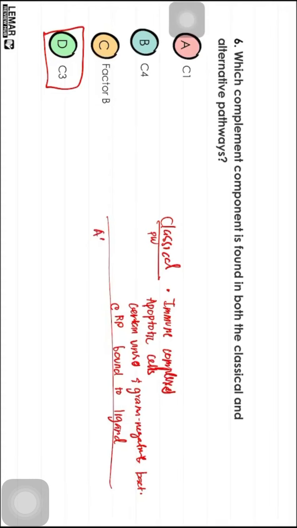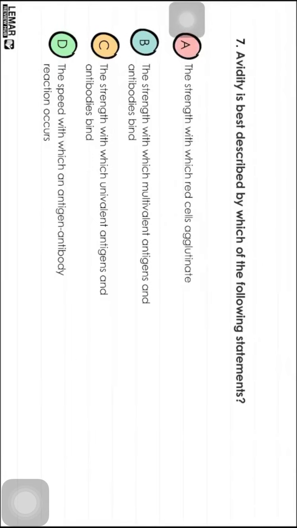For the alternative pathway, we have various bacteria, fungi, viruses, or tumor cells.